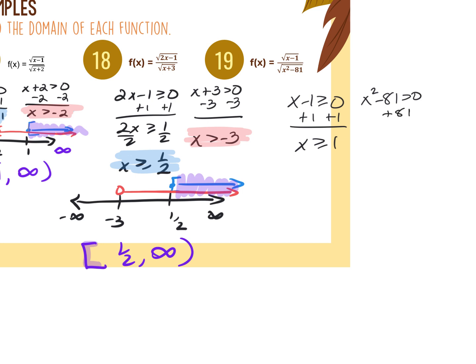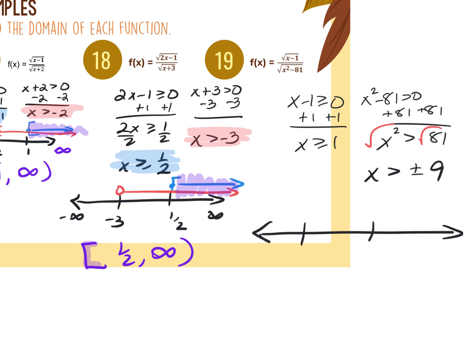So if you do the square root method, remember you're getting plus and minus 9 after you square root this thing. So after you find the square root, you get x is greater than plus or minus 9. So let's put all these numbers on my number line.